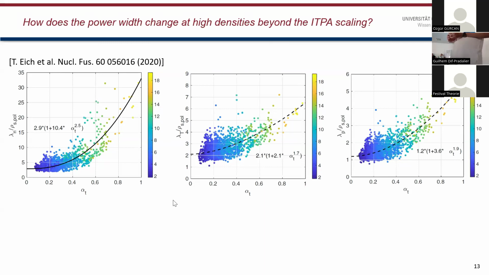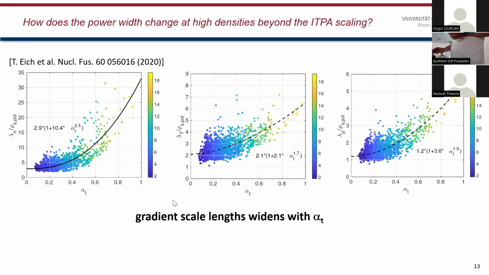Therefore, we use this for normalization. Then you see that this is roughly increasing with a factor alpha t squared, also for pressure. So you can see that gradient lengths are widening with alpha t, and also kind of strongly, but still just for the temperature, which is the most important part, the factor 3, and so you do not get so much. If you get high density, then it widens by the factor 3. That's the maximum you can expect.